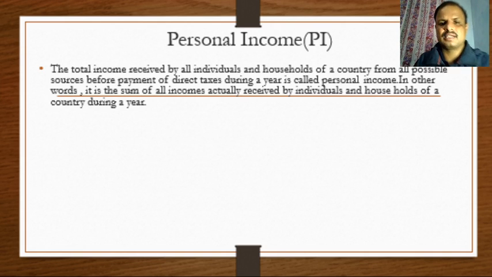You should know that it is within the year that we can know that. So it is the income received by all individuals and households of a country from all possible sources before the payment of direct taxes. Yes, before paying the direct taxes, the personal income is found out.